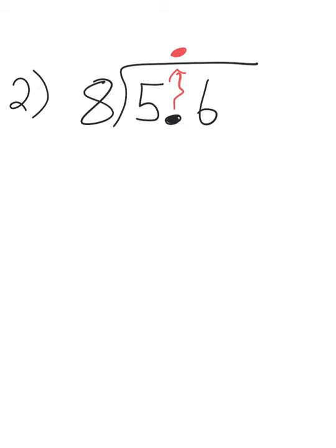Okay. Now, can we do 5 divided by 8? No. Nope, can't do that. So we got to move over. Can we do 56 divided by 8? Yeah. Hey, that's my favorite math fact.